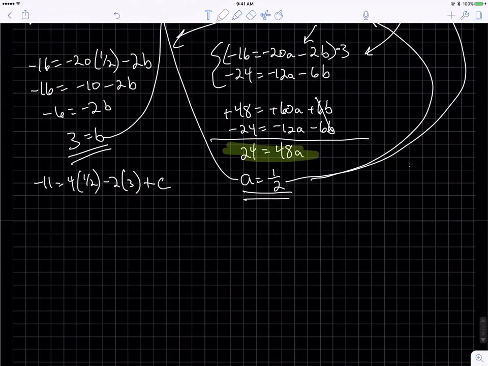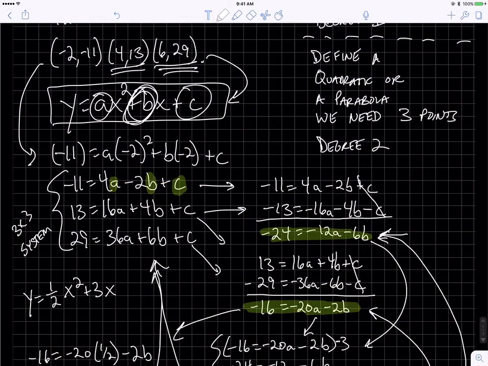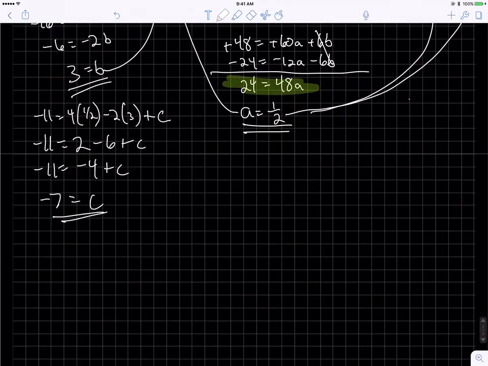And I can solve that for c, and you get c equals negative 7. So that's my last one. I plug that in here, negative 7. This is the equation, and that is how you do it from 3 points.